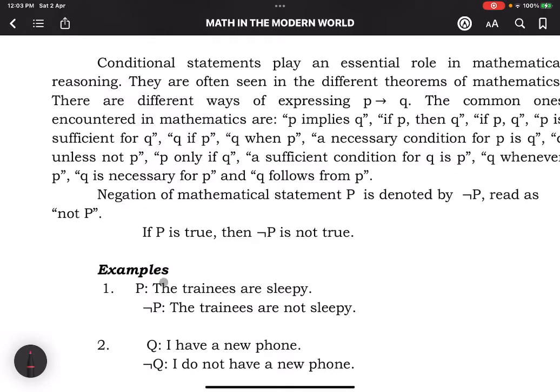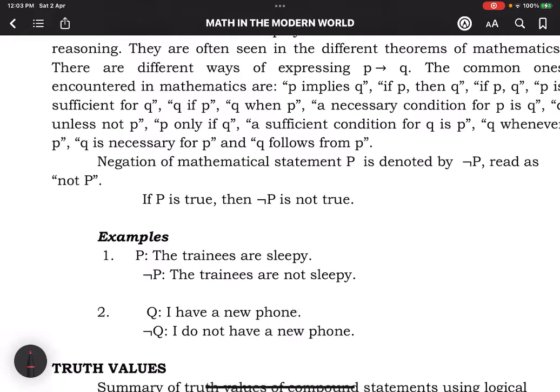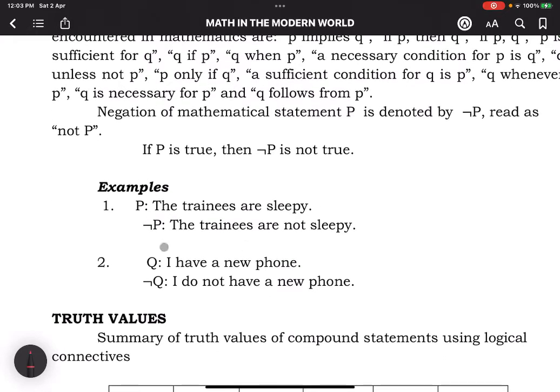For example, P: the trainees are sleepy. When we negate it, the reading becomes: the trainees are not sleepy. So when we negate, we put the word "not" in the sentence. For Q: I have a new phone. Not Q: I do not have a new phone.